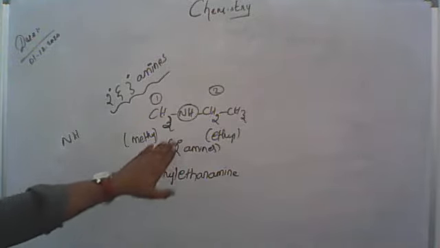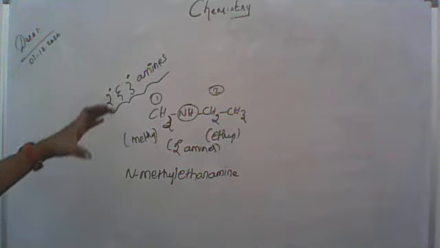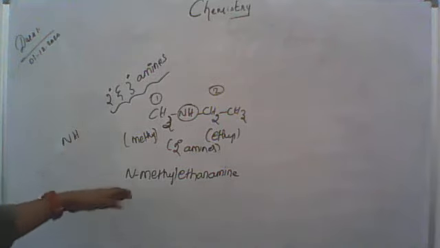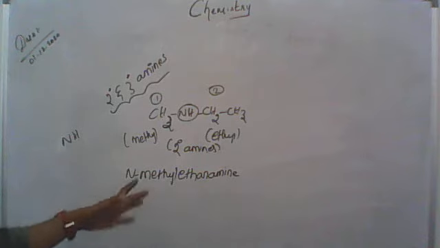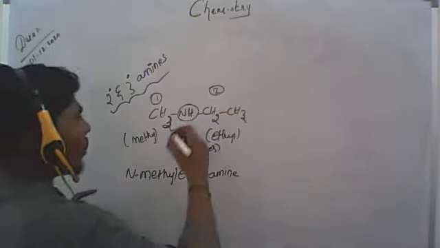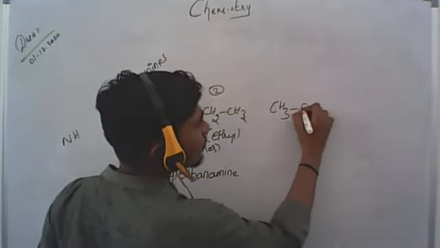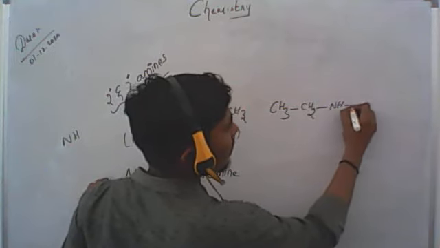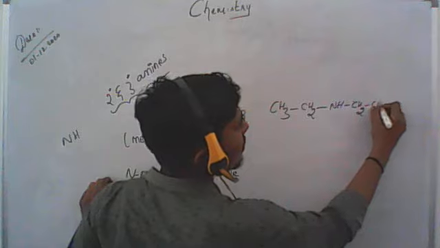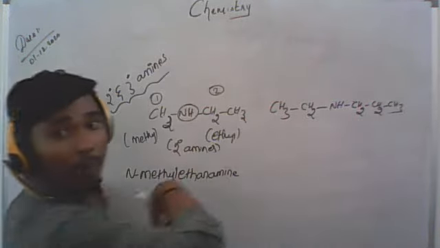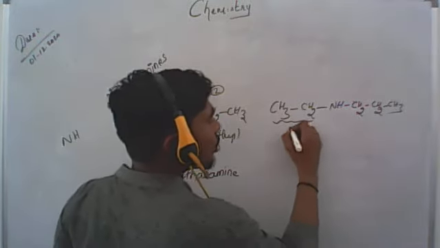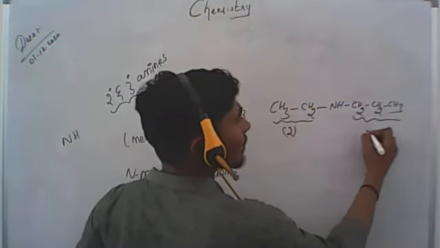Look at both sides of the nitrogen. The side with the lower number of carbons is to be considered as the alkyl group. See here, I am going to give another example: CH3CH2NHCH2CH2CH3. In this example, one side has 2 carbons and the other side has 3 carbons.